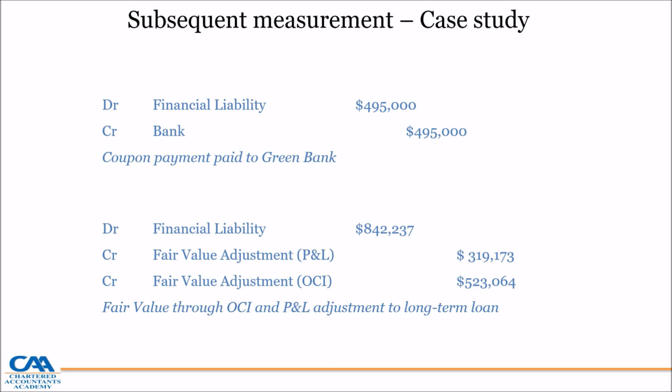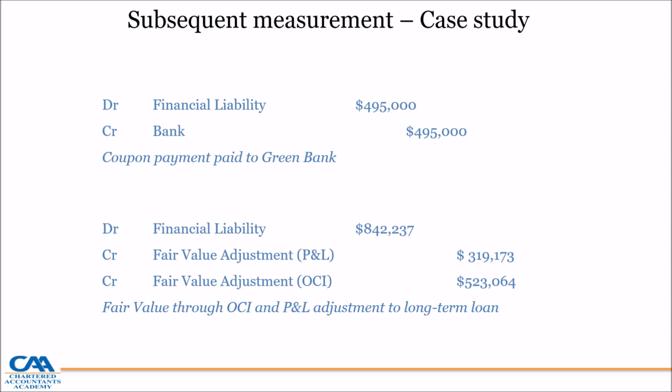So you're going to take your change in market movements plus change in credit risk to come up with your fair value, right? The change that you're going to get is your entire fair value adjustment to the financial liability, right? And then after that, you then need to split it into P&L and OCI.